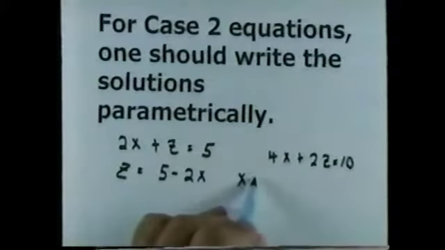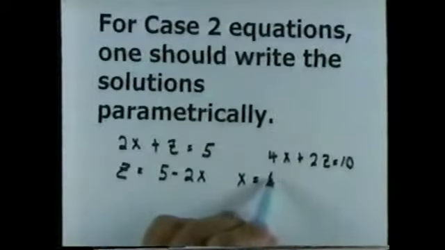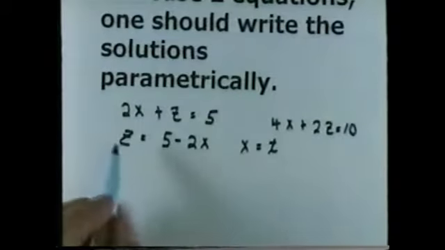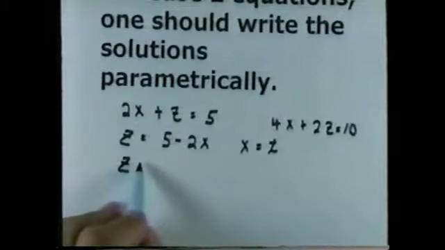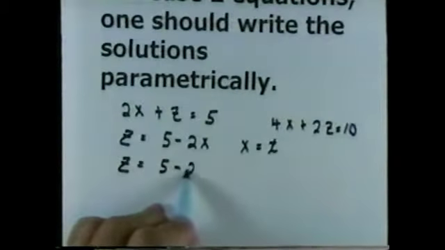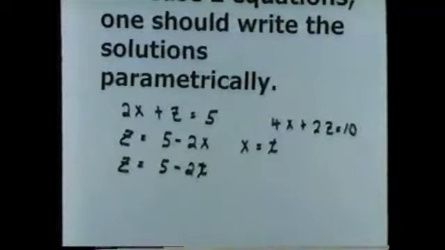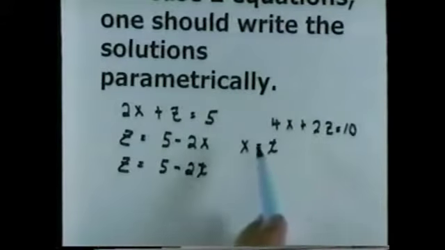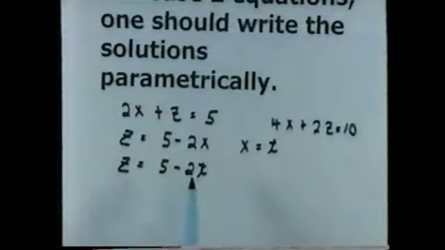If we let x is equal to a parameter t, that means z is equal to 5 minus 2t. So we know that x is t, z is 5 minus 2t.